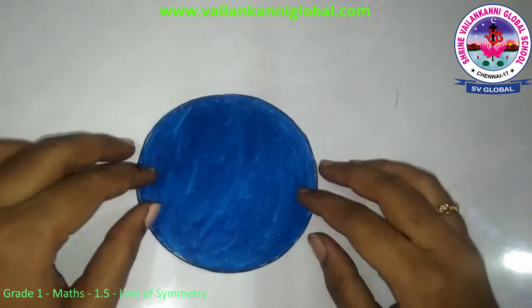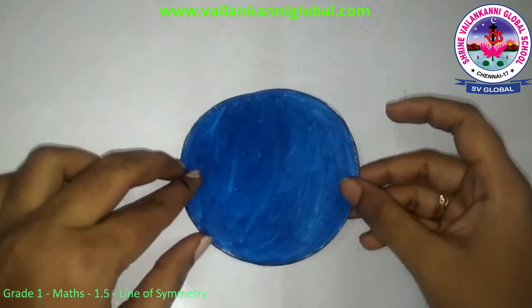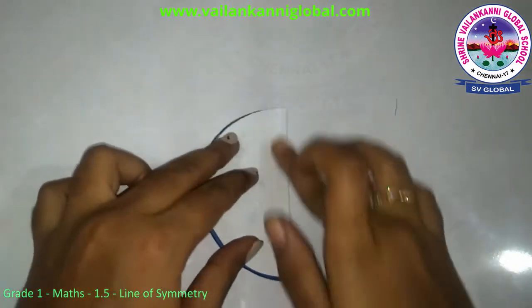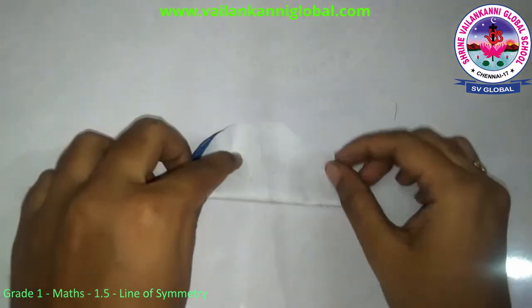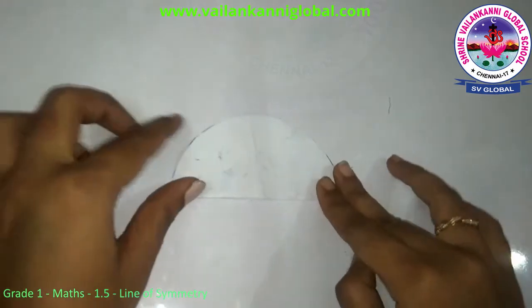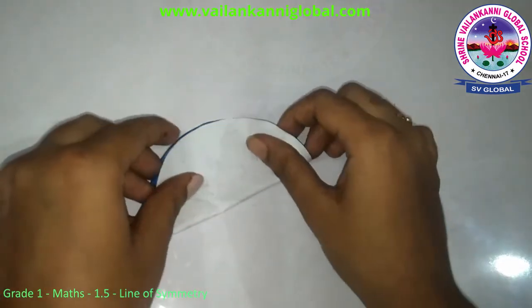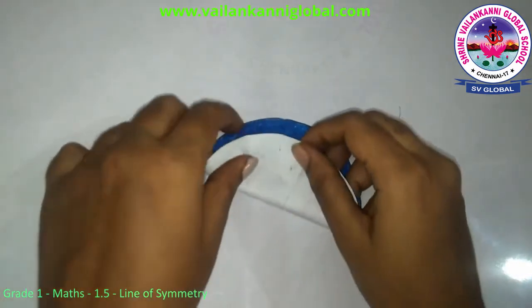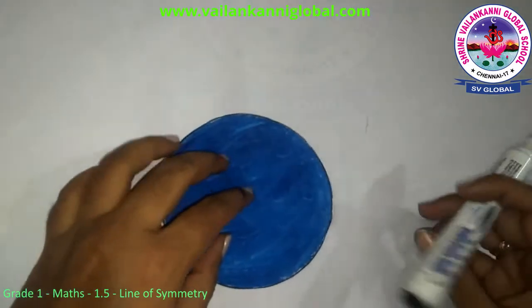For a circle, how many lines of symmetry are there is what we're going to see. So this circle, we can fold it like this. Yes, so this is one line of symmetry. You can also fold it like this. This is also another line of symmetry. We can also fold like this. This is another line of symmetry, and like this. So if you see, for a circle, there are many lines of symmetry.